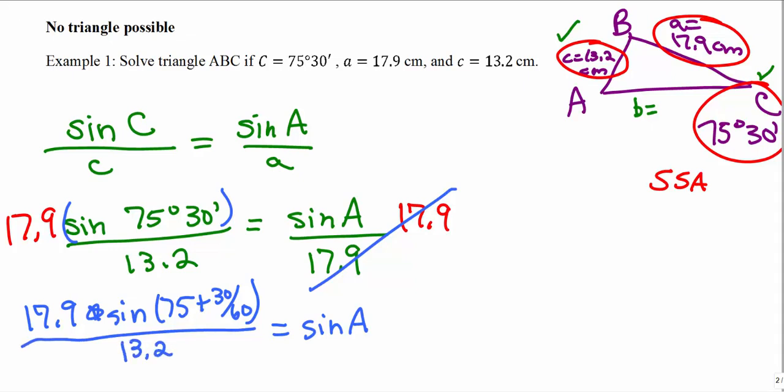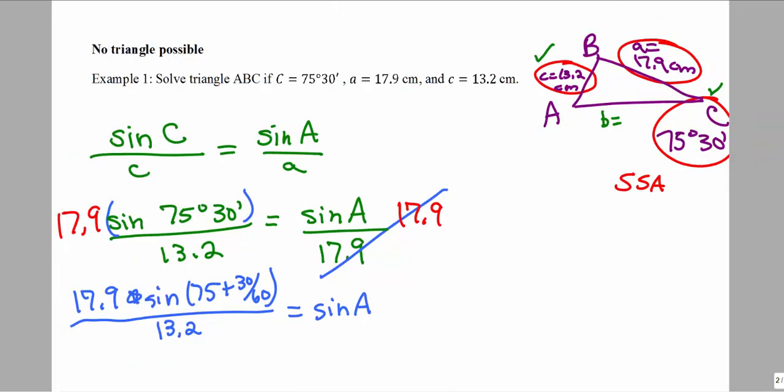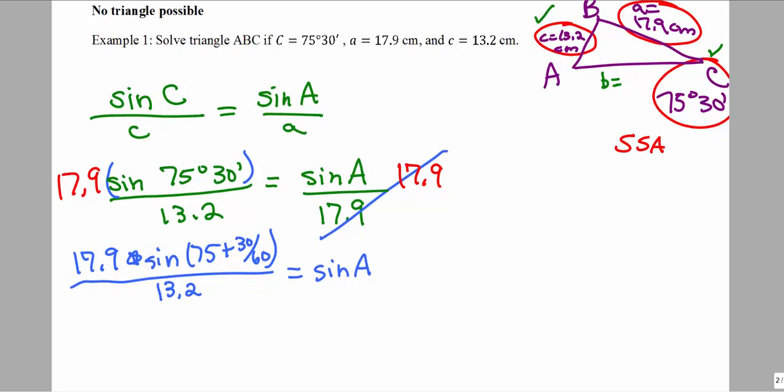Since we're solving for the angle this time, I recommend that we first figure out what that ratio is, because we're going to have to put this into our inverse sine function in order to solve for the angle.